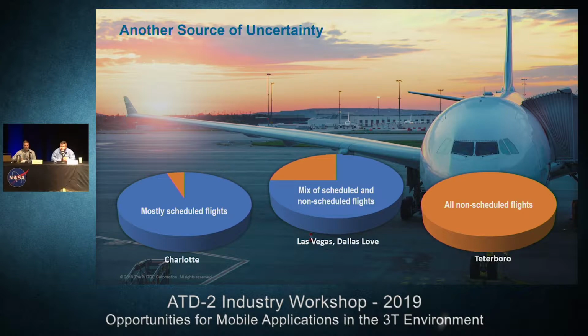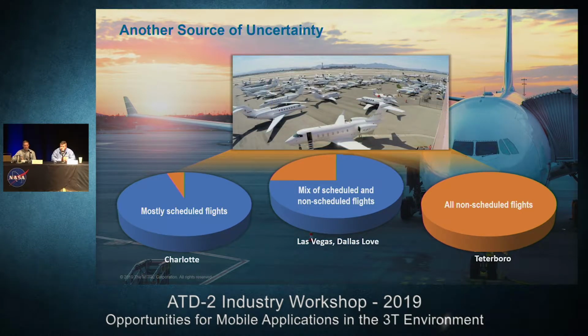At Las Vegas, it's unique in that when they have a special conference or sporting event, sometimes that mix of non-scheduled flights can creep up to 40 to 50%. And at the extreme end, you have airports like Teterboro, which are almost exclusively non-scheduled flights, and being in the vicinity of the busy New York Metroplex, that creates its own challenges.